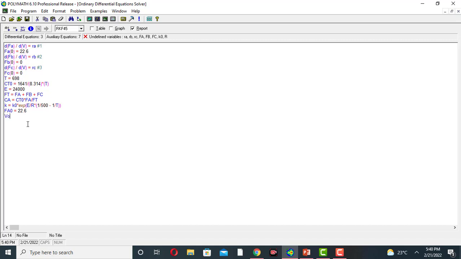We know that V naught is equal to Fa naught divided by Ct naught, because the molar flow rate is equal to concentration multiplied by volumetric flow rate. This is the volumetric flow rate: the molar flow rate of component A divided by the total concentration, Ct naught.